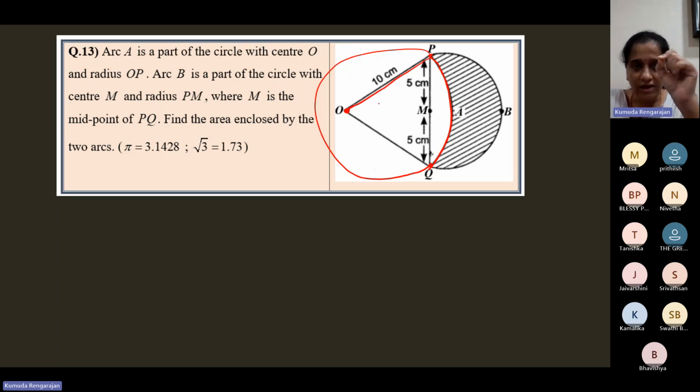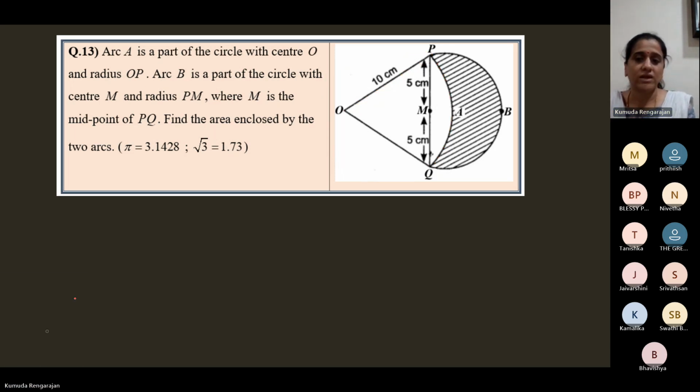Any point on the arc connected to the center of the circle is the radius. So P and Q are points on arc A, and PO and QO are the radii of the circle of which this arc is a part.